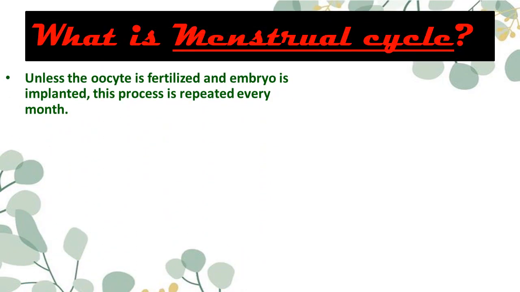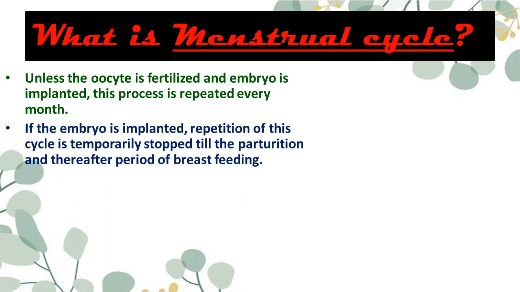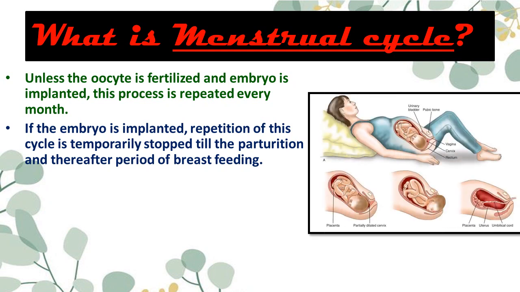Okay, now unless the oocyte is fertilized and an embryo is implanted, this process is repeated every month. And if the embryo is implanted, repetition of this cycle is temporarily stopped till the parturition and thereafter the period of breastfeeding. Parturition is the period of giving birth to a baby.